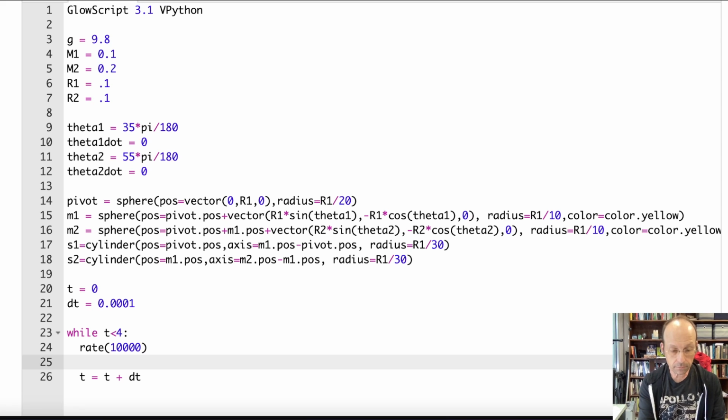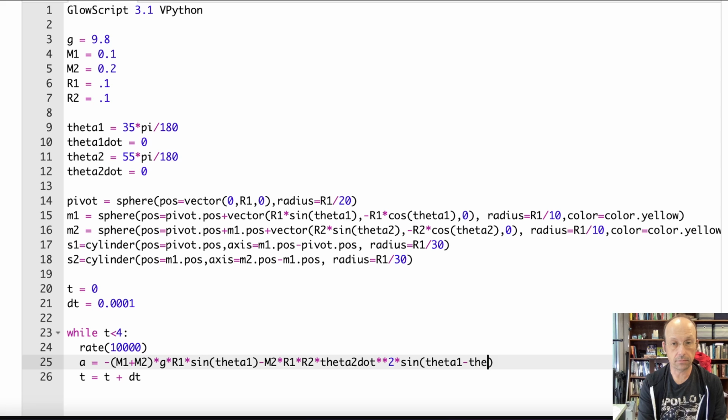So I'm going to say A equals negative (m1 plus m2) times g times r1 times sine theta 1 minus m2 times r1 times r2 times theta 2 dot squared times sine of (theta 1 minus theta 2). That's A. Just like I said.